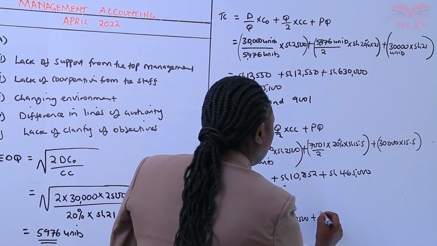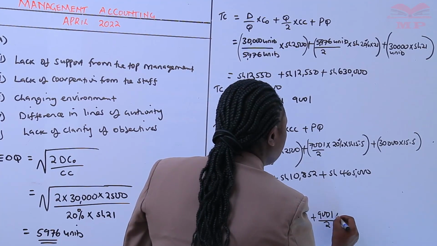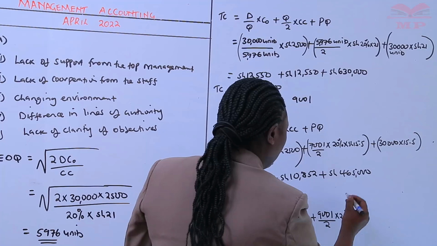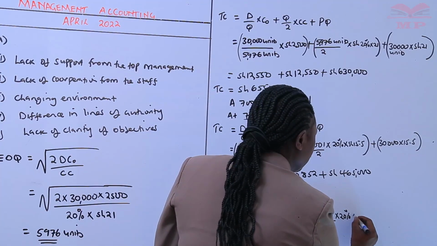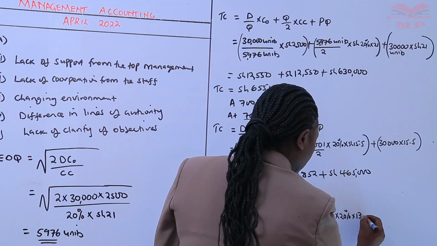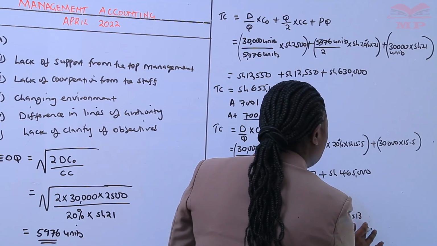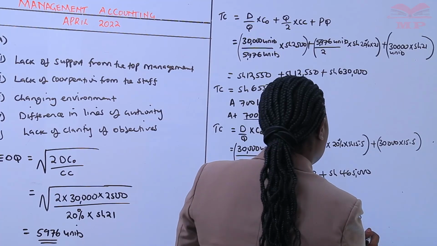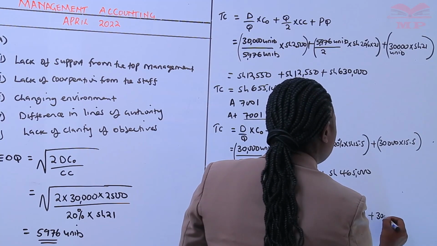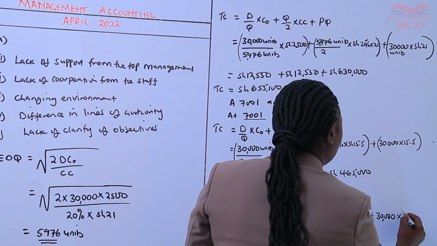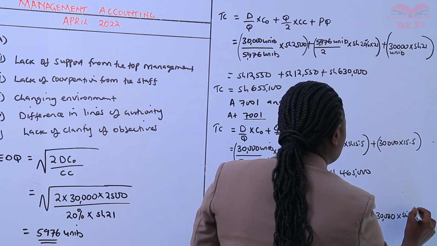Plus 9,001 divided by 2 times 20% of the purchase price. At that point, the purchase price is 13 shillings. Then plus the purchase cost, which is 30,000 multiplied by 13 shillings.